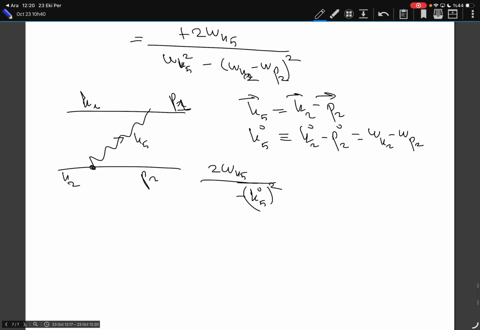and this is omega K5 squared. Okay. Remember the definition of omega K5. This is K5 squared plus M2 squared. Yes. So omega K5 squared is K5 vector squared plus M2 squared.